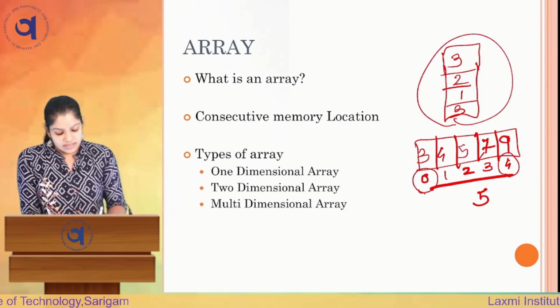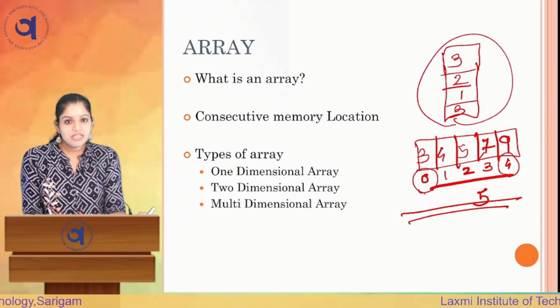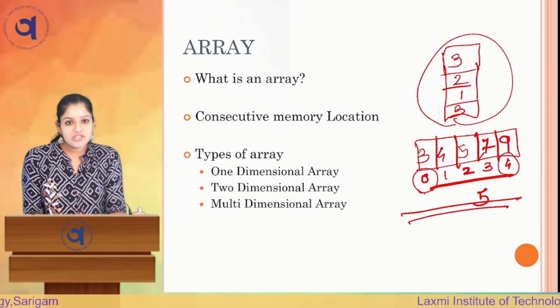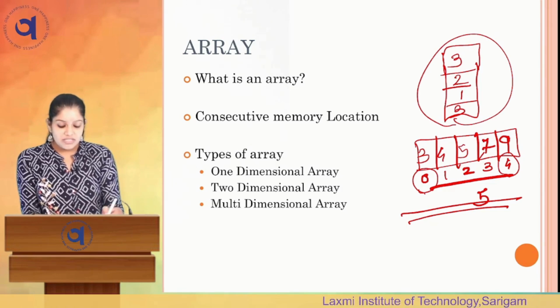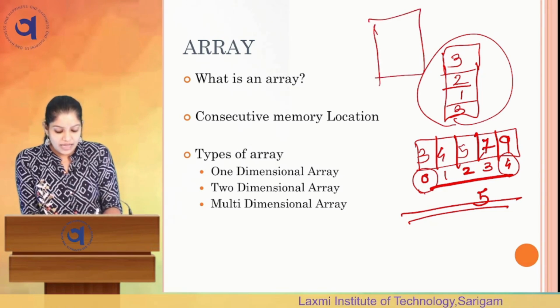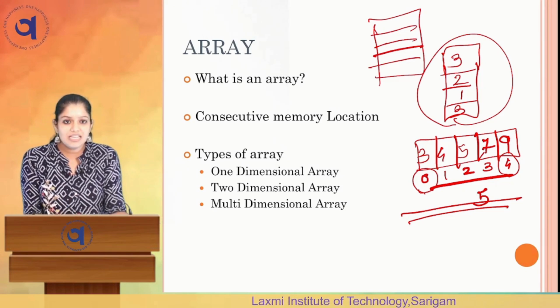Now, this concept you have already studied, but what we are going to study today is how this data is stored in a memory location, in a physical memory. It is stored automatically, but in which way? As you know, in memory we have particular locations, and in those locations this data is going to be stored.